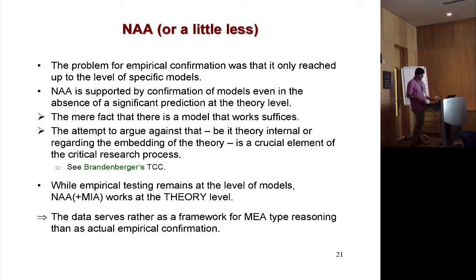And the core point here is that these meta-level arguments by nature address the theory level and not the model level. So if I have an alternatives argument in a case like inflation, clearly that argument will not play out at the level of models, because I know there are lots of models. It will only play out at the level of theory.